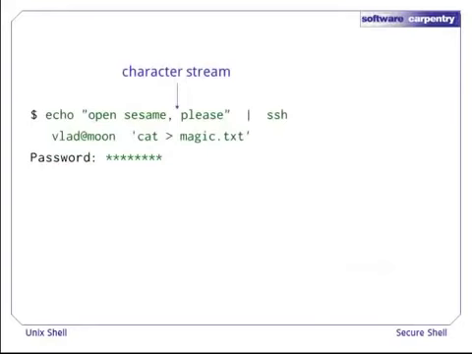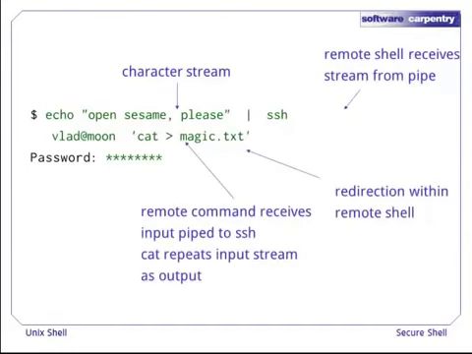Remember that ssh can accept streams of data and pass those to the remote command too. This command sends a stream of characters to a remote shell session. As mentioned before, the remote shell will execute any command on the remote computer that was provided as an argument to ssh. The remote shell session also passes any input it receives to the provided command.